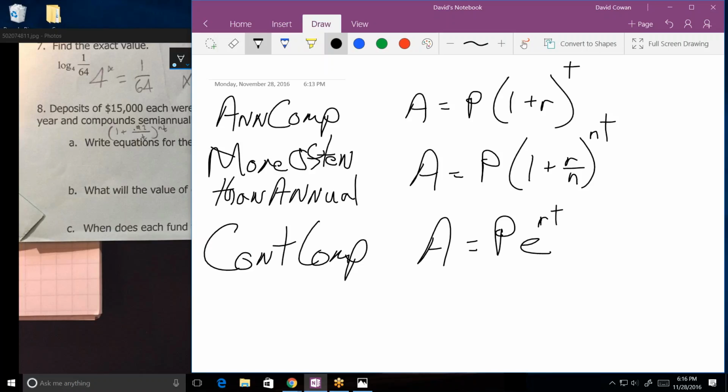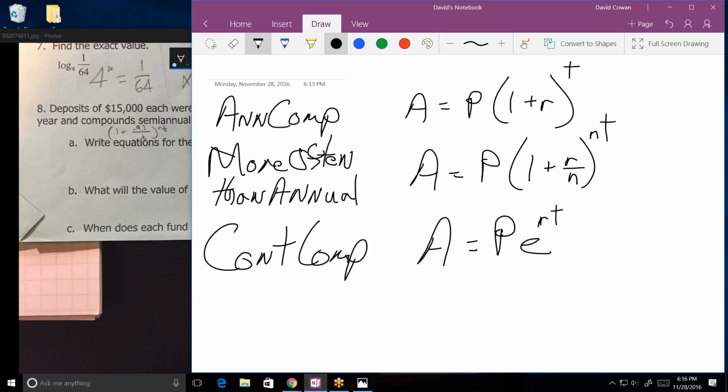And in fact, I think it was you that we went through a number of problems that are typically continuous compounding. In other words, population growth, bacteria growth, radioactive decay, all of those are continuous. And yet, at that time, I don't think we had gotten the continuous compounding formula yet, so we used the annual compounding.